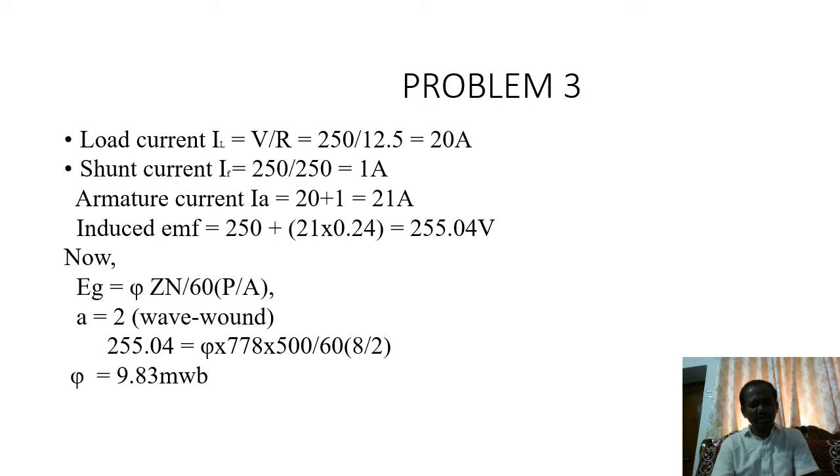You can calculate the flux from this equation, substitute all the values and you will get pi is equal to 9.83 milliwebers. Any doubt from this problem? Okay. All of you know this one.